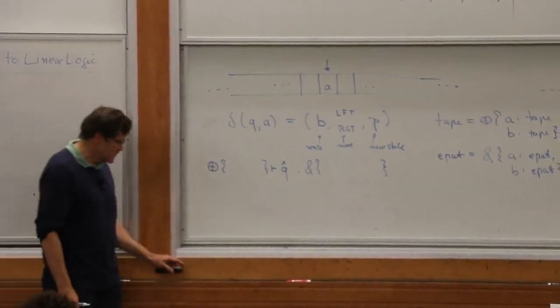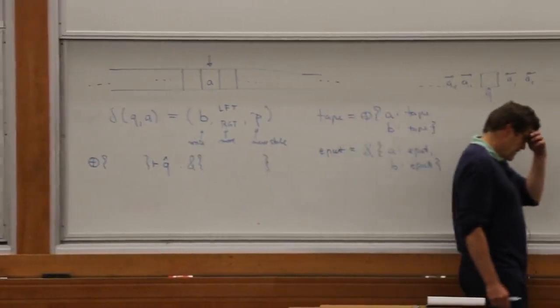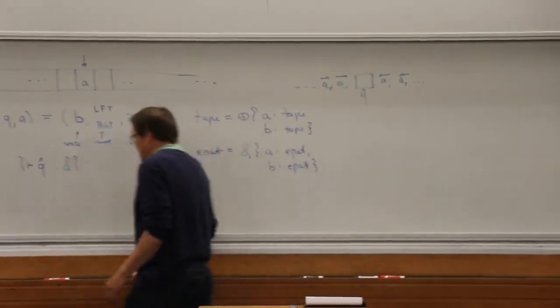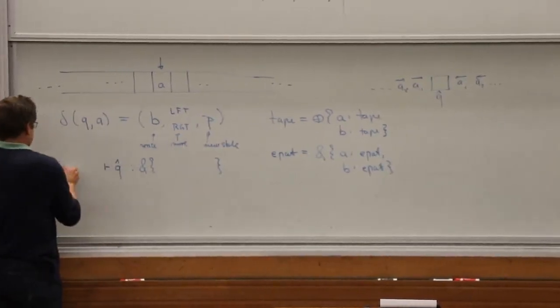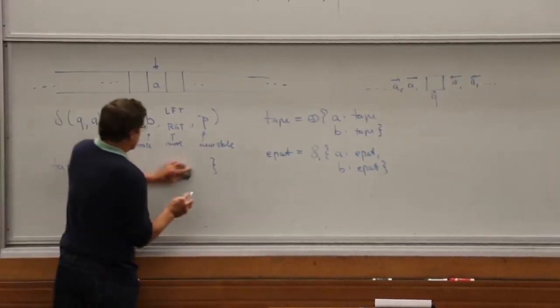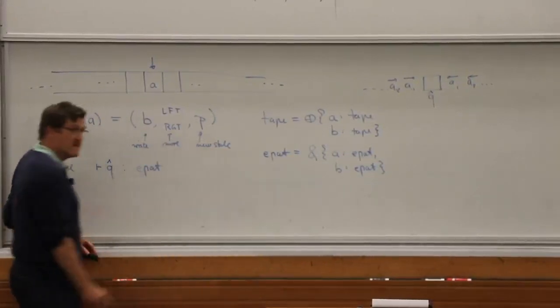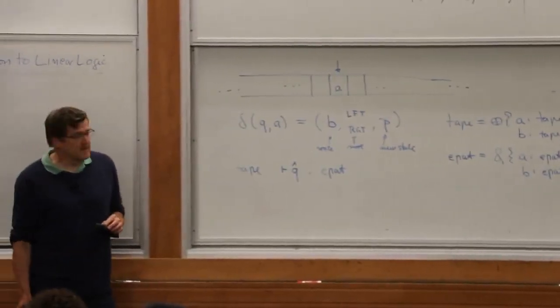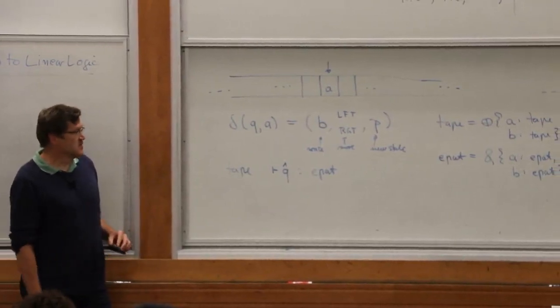Okay, so now, when we want to implement the tape, the state Q, what is the type of every Q? Well, every state Q has a tape on the left and an EPAT on the right, because the state is in the middle. At this point we have another branching factor for how to actually do this.